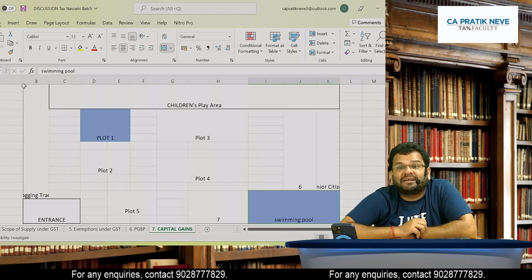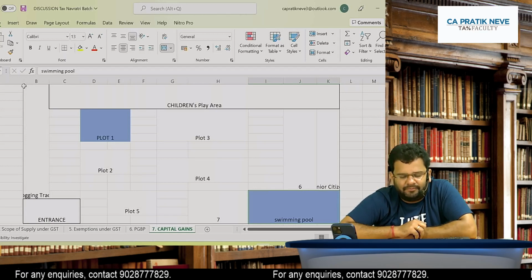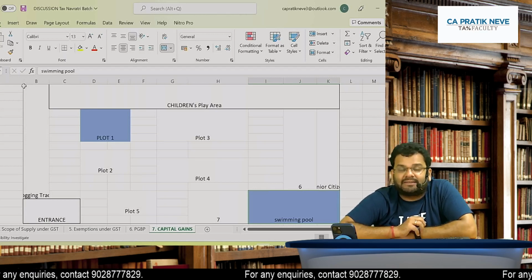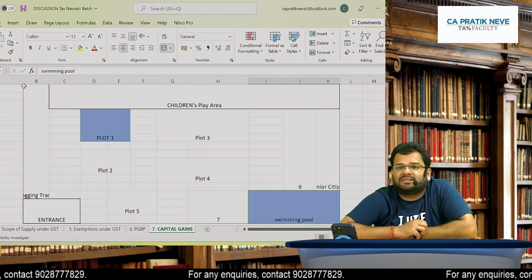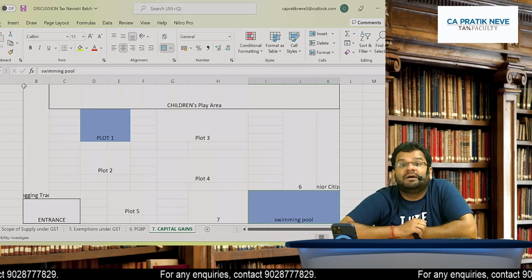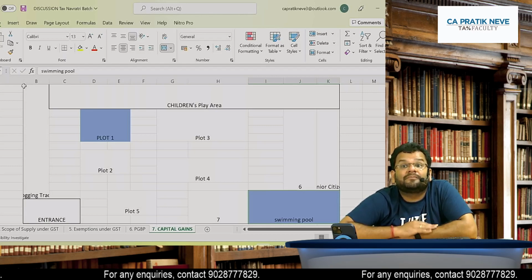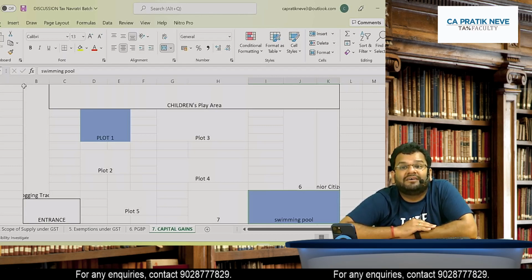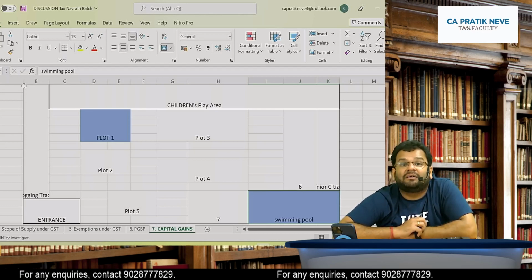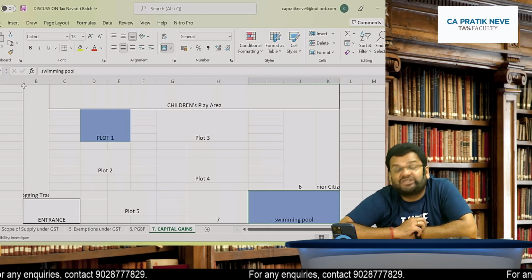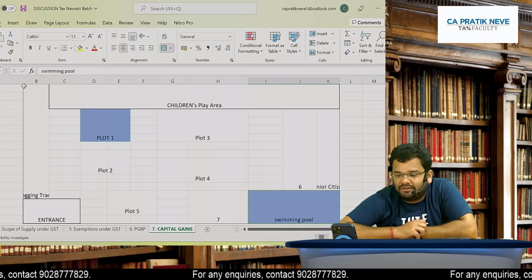Okay, now my second doubt for you is that you will calculate indexed. How to take indexation? Cost of acquisition is actual, there is no problem, into CII for the PY in which the asset is transferred upon CII for the PY in which the asset is acquired. Now friends, which is the PY of the year in which the asset is transferred?